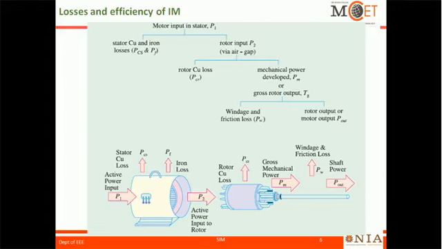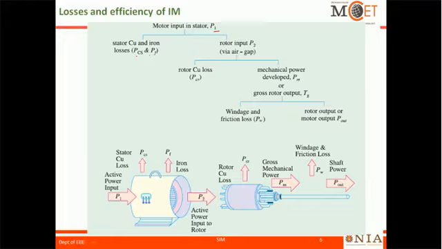Here in this picture it is more understandable. We have the power P1, motor input, which has the stator copper and iron losses, that is called the PCS and PF.